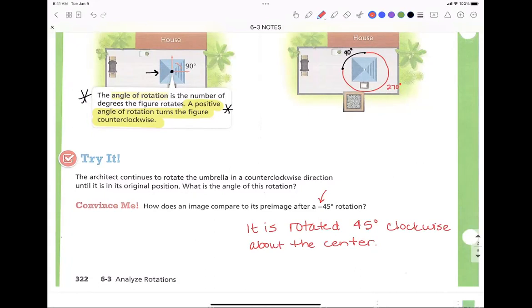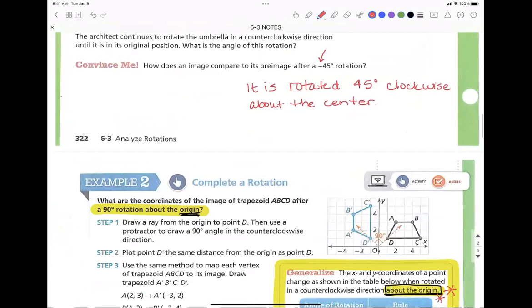Check. Did I mention clockwise or counterclockwise? Check. Did I say what it rotates about? Check. Okay, so all three things are in my description. So that is a very good description or explanation of what happened with a negative 45-degree rotation.